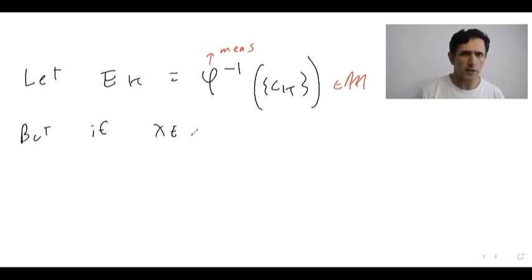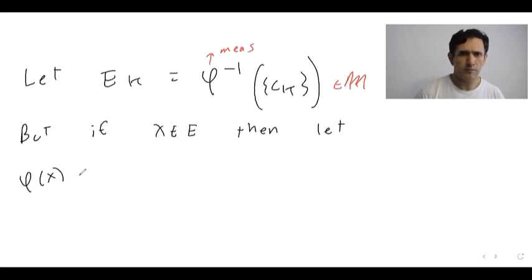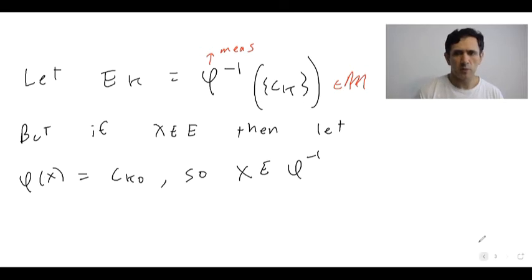So if x is in E, well, then phi of x has to be one of these. Okay, so obviously that means x is in the inverse image, and here k_0 is between 1 and n. It's an integer.